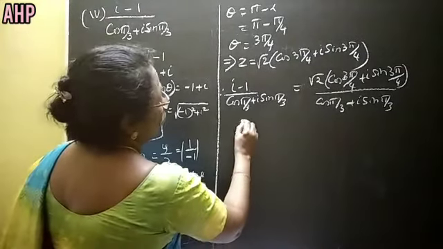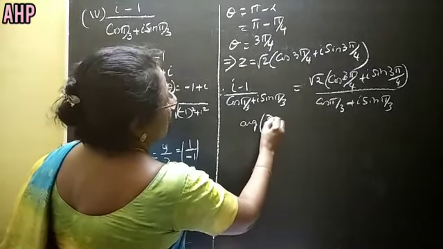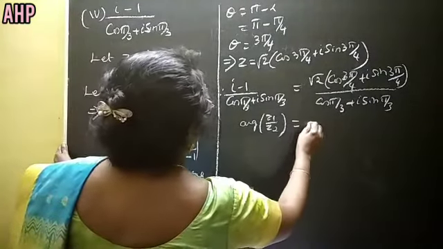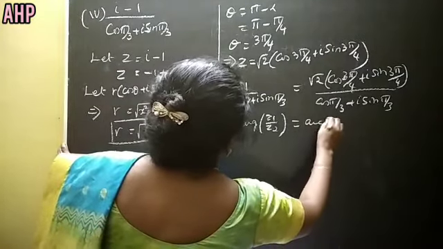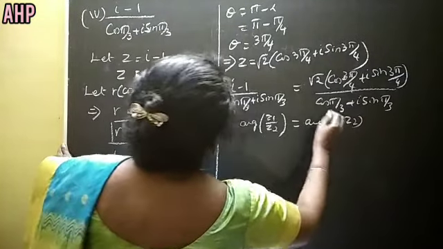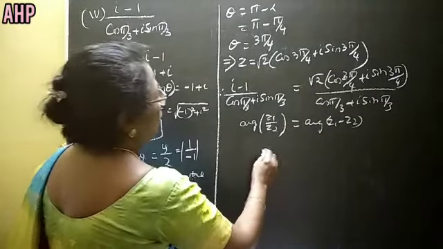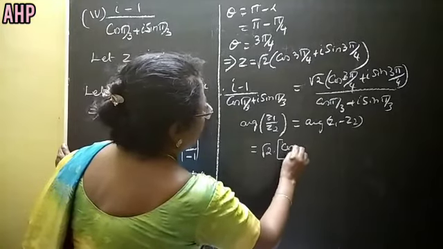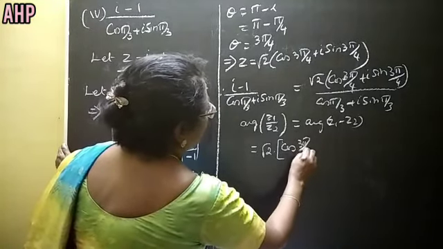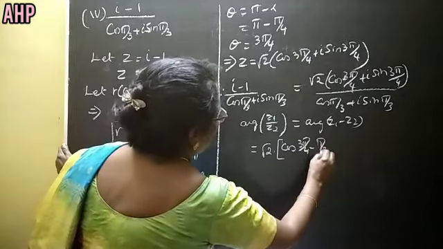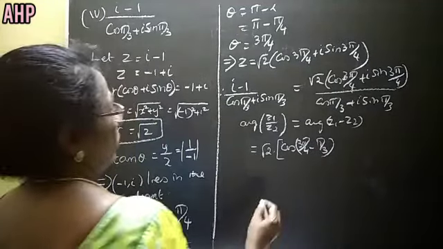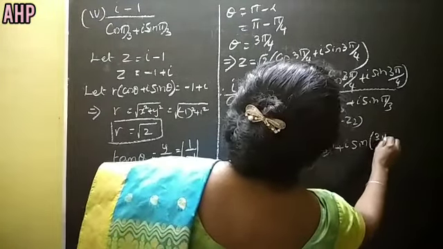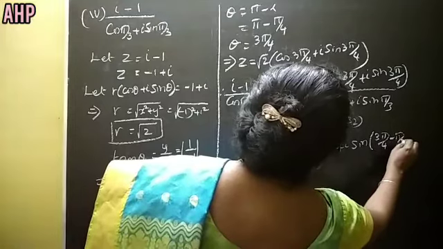So we know that the argument of Z1 by Z2 is equal to the argument of Z1 minus the argument of Z2. Using this formula, we get this is equal to root 2 into cos (3 pi by 4 minus pi by 3) plus i sin (3 pi by 4 minus pi by 3).